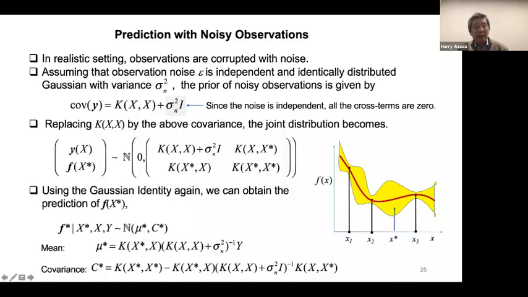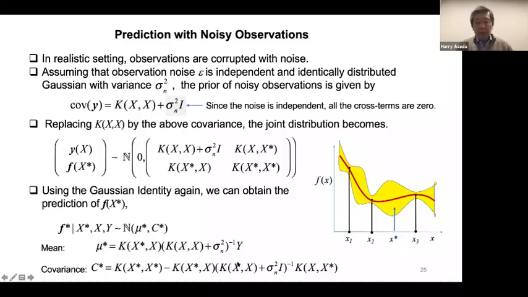Then finally, given XY training data, we'd like to investigate what the response F star is to X star, and that's given by this expression. The only difference from the previous case is that this was just KXX, now it's KXX plus sigma n squared, inverted. That actually makes this one a little bit bigger.